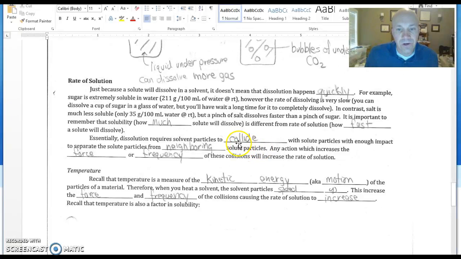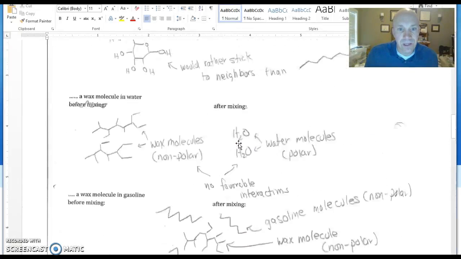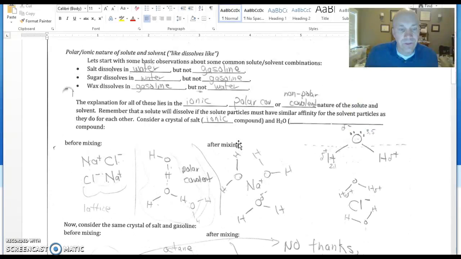Just looking at a little picture of this, if we wanted to think about what happens when, for example, a crystal of salt dissolves, the water molecules have to at some point collide with these solute particles with enough force to dislodge them from their other solute neighbors.